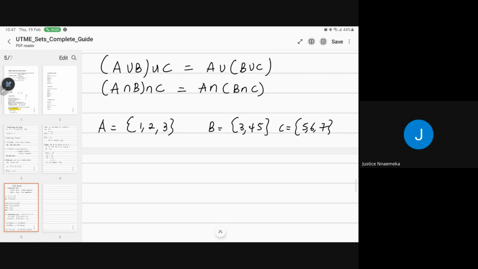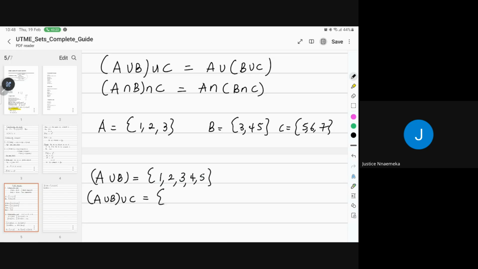Now let's look at A union B. A union B will be equal to 1, 2, 3, 4, and 5. Then A union B union C will be equal to, bringing C in, 1, 2, 3, 4, 5, 6, 7.